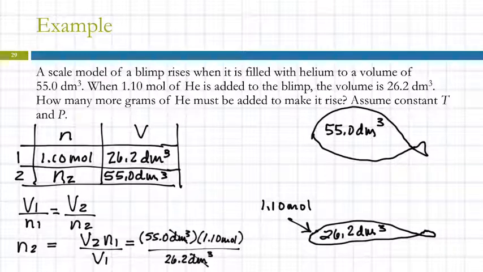That gives me an answer of 2.30916. That should have 3 sig figs, moles. This is the amount of helium that needs to be in there for it to float. So 2.31 moles.